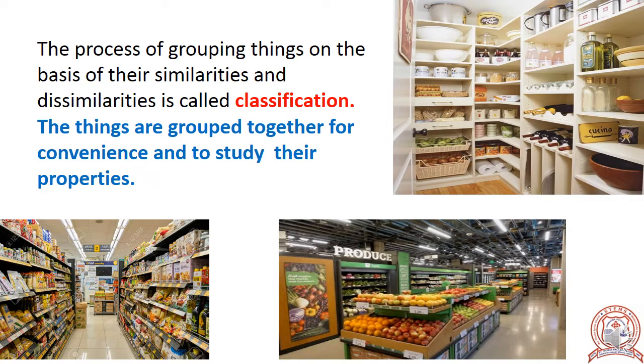In this chapter, we will learn about the ways of grouping things or materials based on characteristics such as appearance, hardness, solubility, flotation, transparency, conduction of heat, and conduction of electricity.